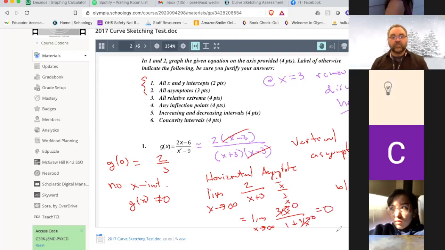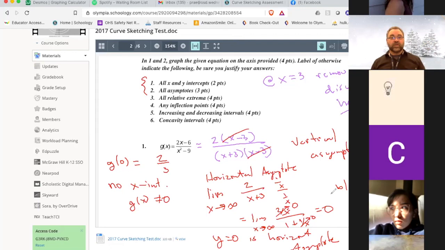So we get 0. So y equals 0 is a horizontal asymptote. I didn't mean to put a y at the end there. And that's all basic stuff that we could do without a whole lot of calculus involved. No derivatives yet, just limits.